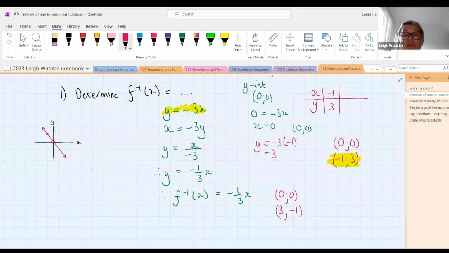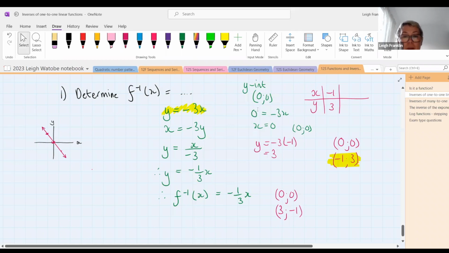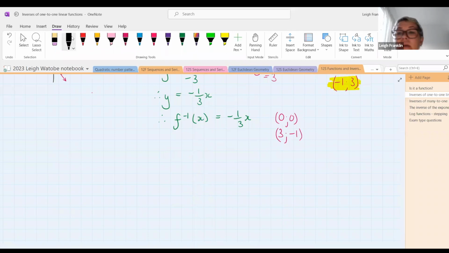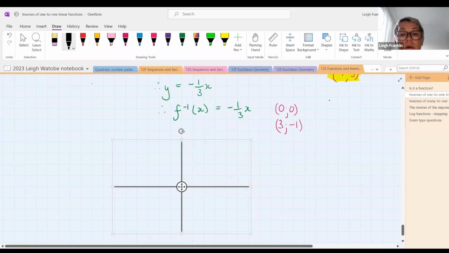Okay, now I've got to draw this. So the next step: let me just go down a little bit. We're going to grab some axes. Okay, there we go. There's our y-axis, there's our x-axis.